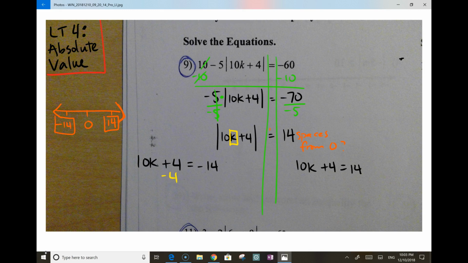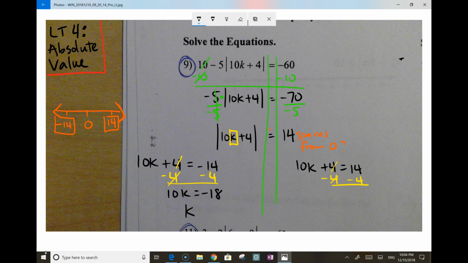So I subtract 4 on both sides. That goes away. Those go away. And then I have 10k is equal to negative 18. If I divide both sides by 10, okay, I'm dividing both sides by 10. I'm not writing that down, but this is the operation I'm doing.